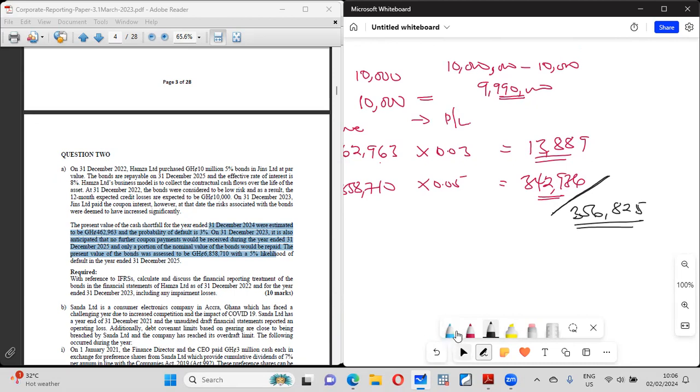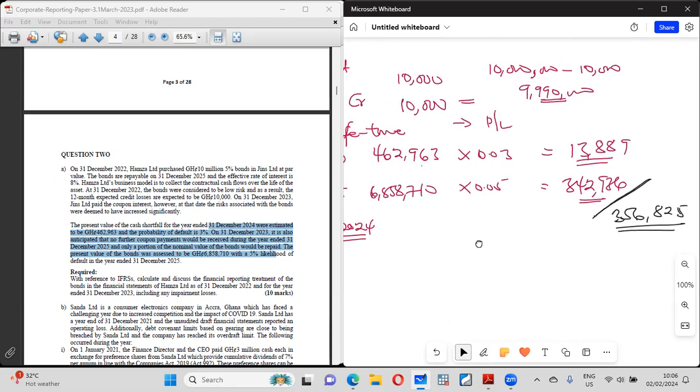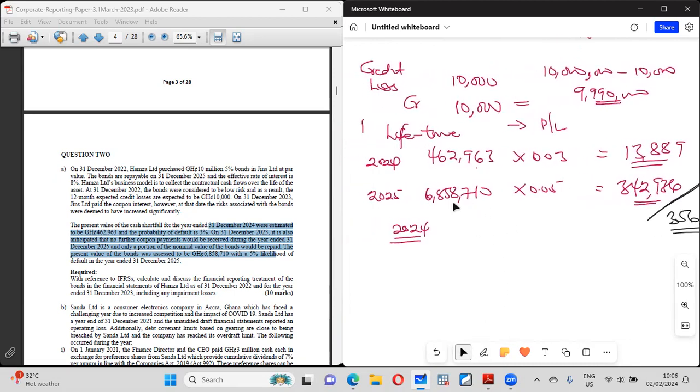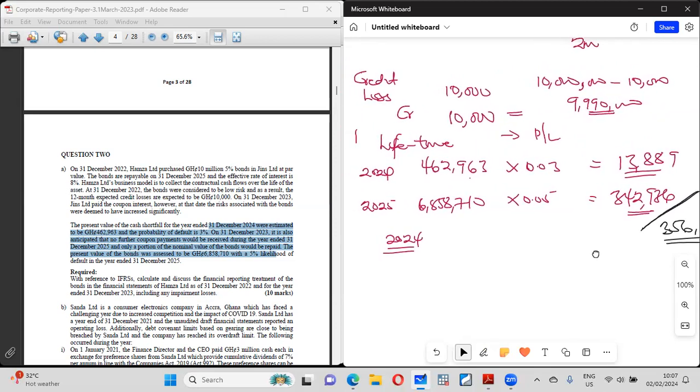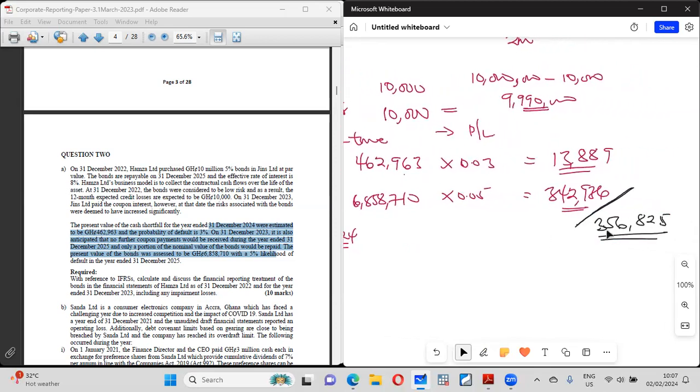Somebody will say, but why are you now totaling it again? Yes, we are totaling it again because the cash flow due you. And so they gave you the present value of this, and they gave you the present value of this at the time in 31st December 2024. So you could see that there has been incremental. So for those incrementals, you do know that there has been incremental. All right. So that is that. But you also know well that as you stand in the end of 2023, this is your present value, the total loss.